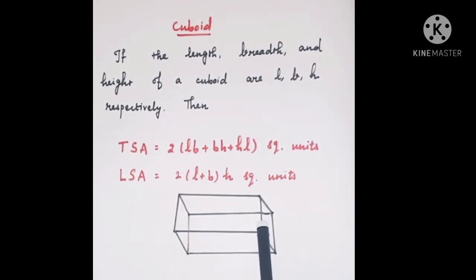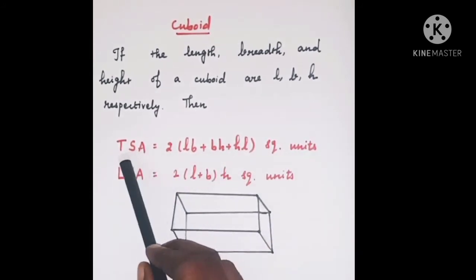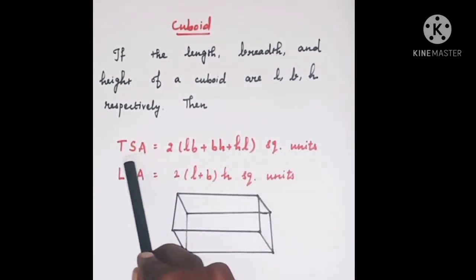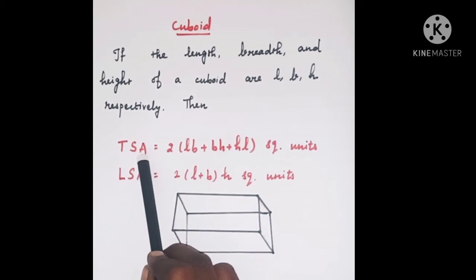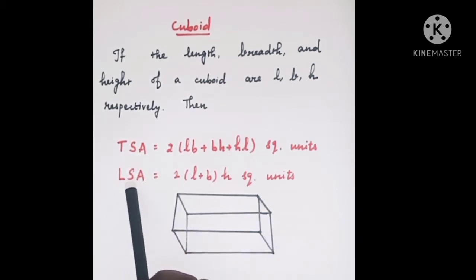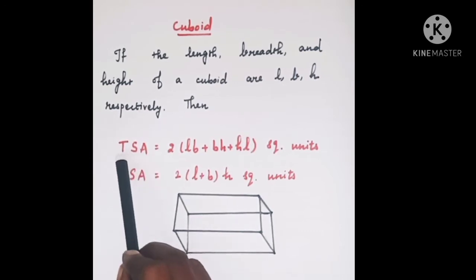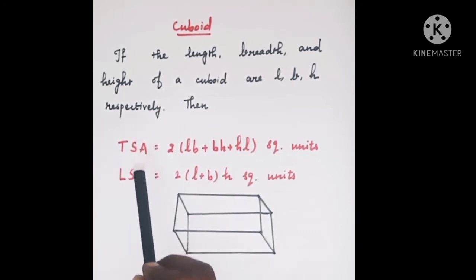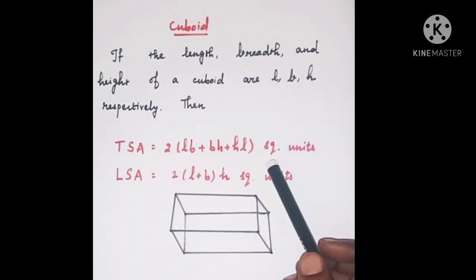Now, let us learn about the total surface area. TSA means total surface area, and LSA means lateral surface area. Total surface area and lateral surface area of the cuboid.